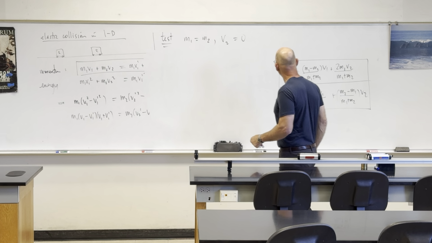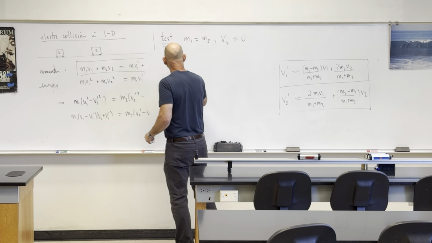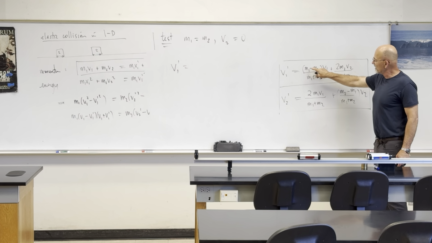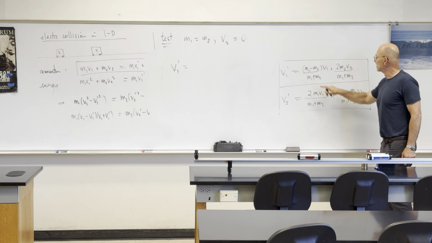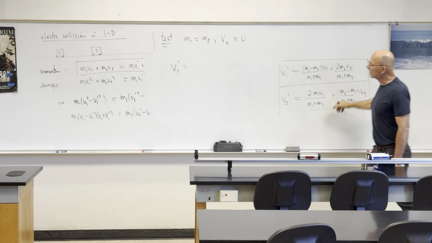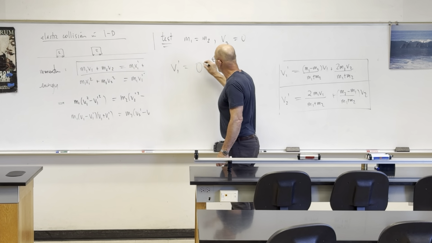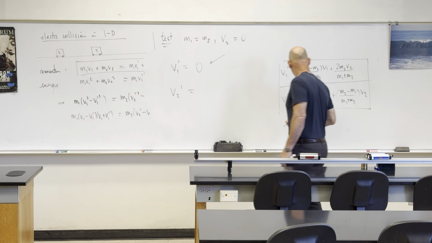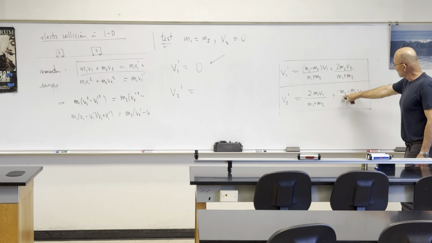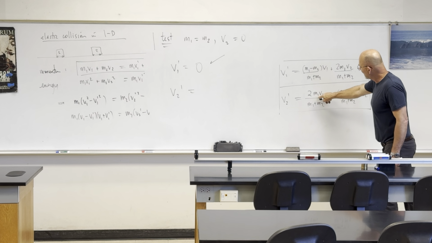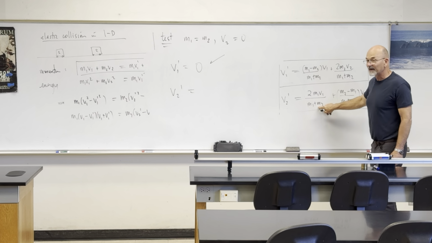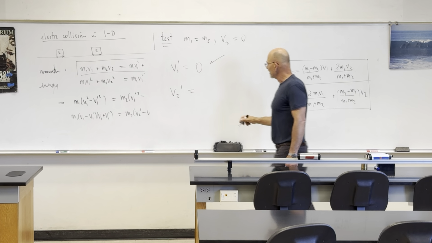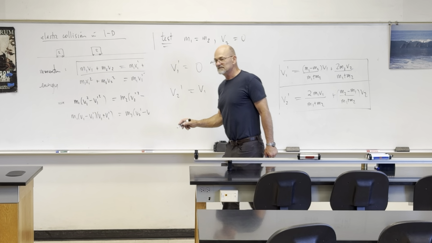Then we get V1 prime equals M1 minus M2, there's a 0, and there's a 0. So this is the one that came to a dead stop. Check. V2 prime: M1 equals M2, so there's a 0 there, and here we get 2M over M plus M. That cancels the 2, and we just get V2 prime is equal to V1.